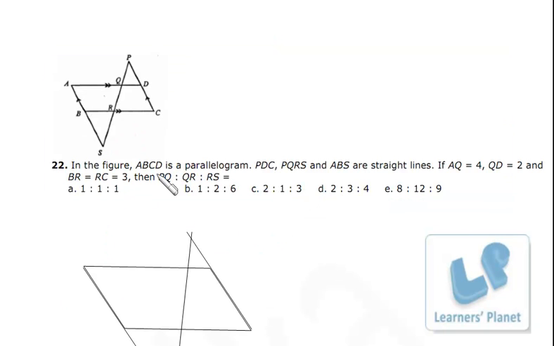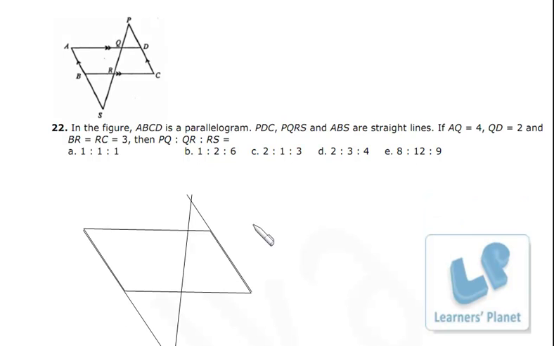This problem: in the figure, ABCD is a parallelogram. PDC, PQRS, ABS are straight lines. AQ, QD, BR, RC are given. We have to find out the ratio PQ, QR, RS. Okay, I have drawn this diagram once again a bit bigger. So here A, B, C, D, P, Q, R and S. Now let's write the dimensions.